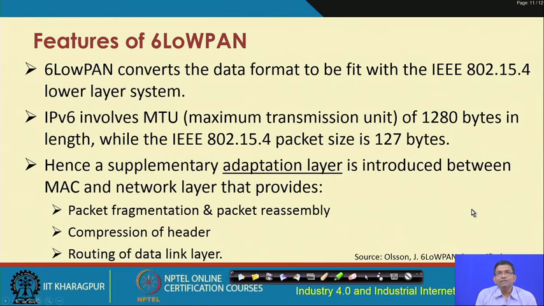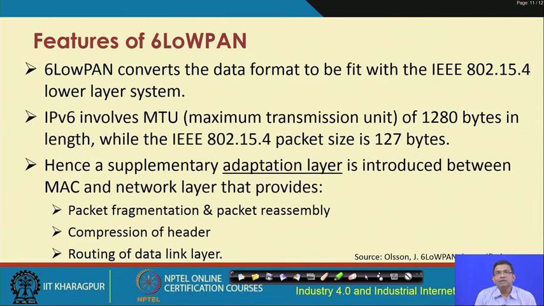There are some features of 6LoWPAN. I am just going to mention a list of such features. 6LoWPAN converts the data format to fit within the 802.15.4 lower layer system. IPv6 requires an MTU of 1280 bytes in length, while 802.15.4 can permit a packet size of up to 127 bytes.